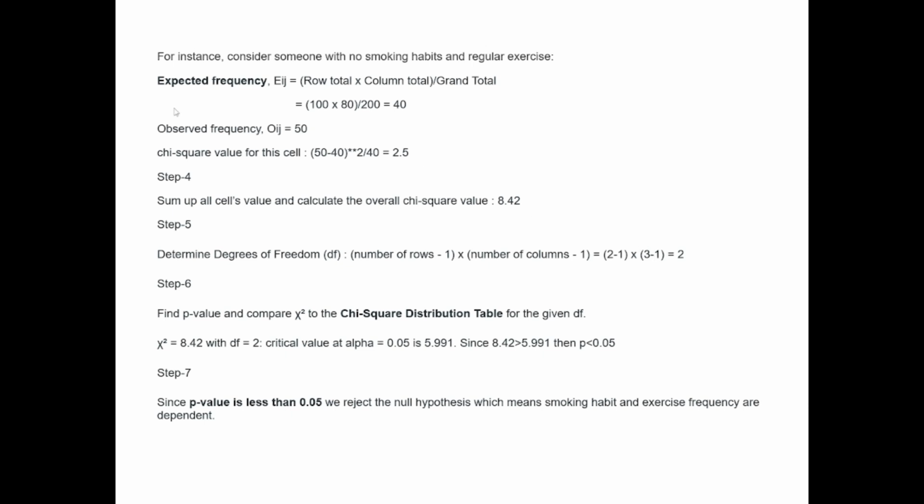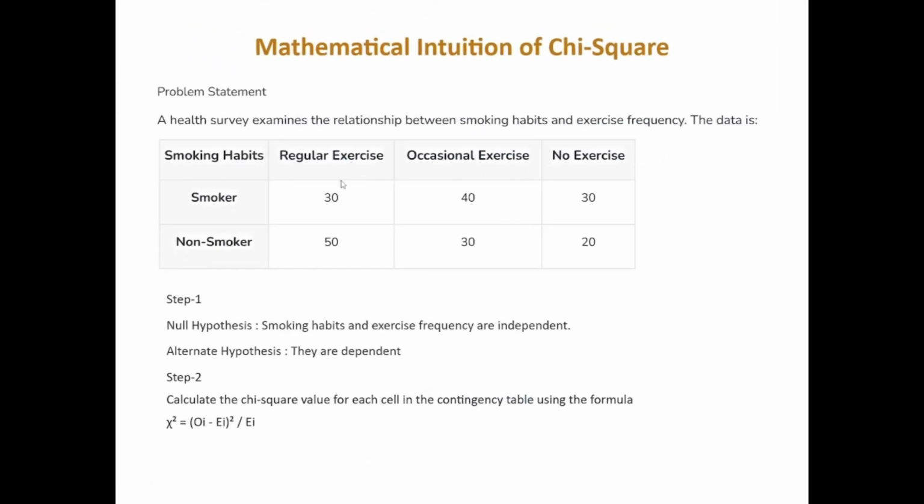So how do we calculate the expected frequency of any particular cell? You just multiply the row total and the column total and then divide by the grand total. For the first cell, I first have to calculate the row total. I am considering the smoker category, so the row total will be 100.